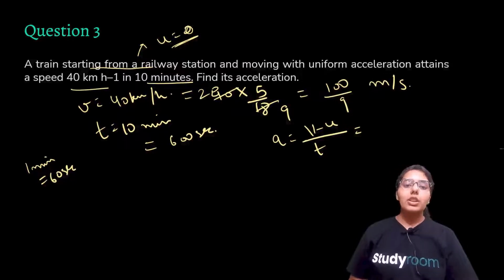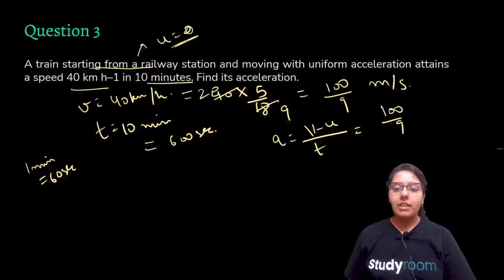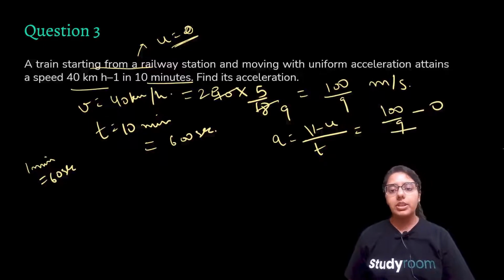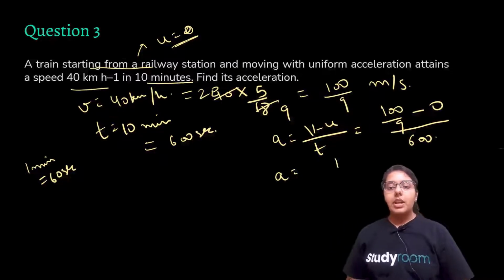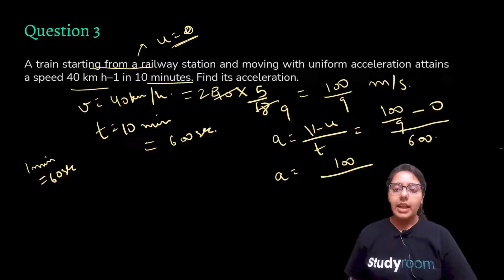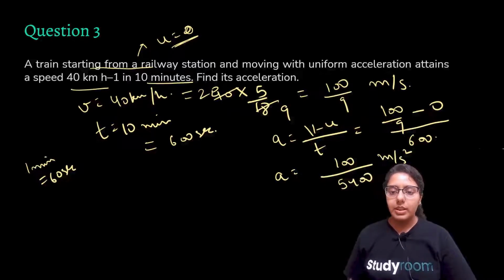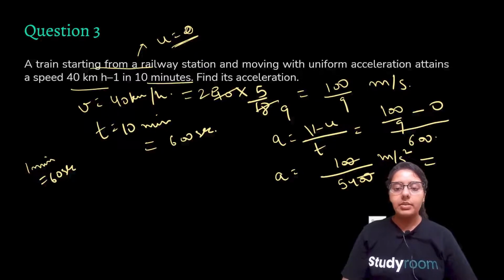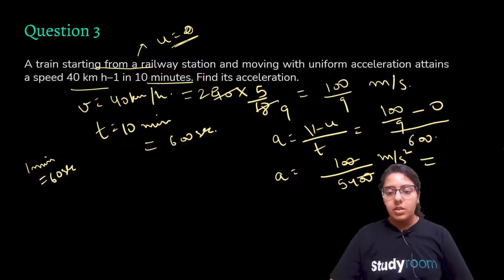What is your change in velocity? 100 by 9 is your final velocity minus 0, because your initial velocity is 0, upon time taken. Time taken is 600, right? So your acceleration comes out to be 100 upon 9 into 6, 5400, right? Meter per second square. So you can just calculate this. It comes out to be 0.0185 meter per second square.